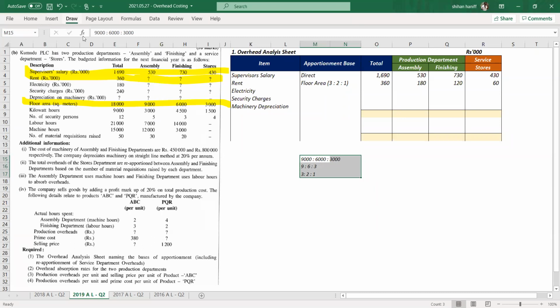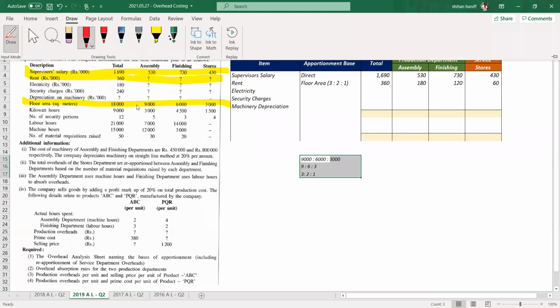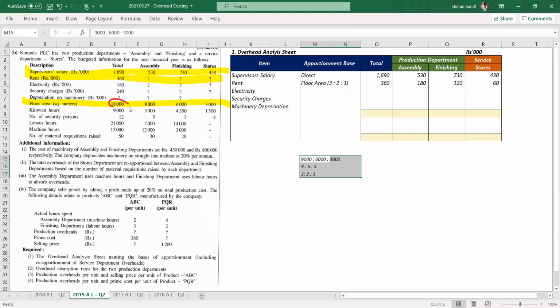Let me explain again since there is another question. 18,000 is the total floor area. Out of this, 9,000 for assembly, so 9,000 over 18,000.